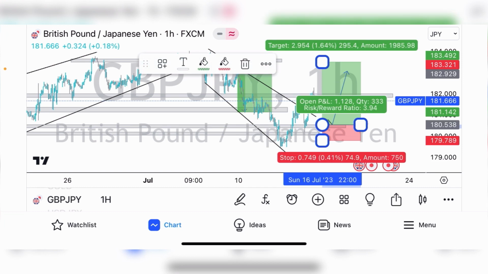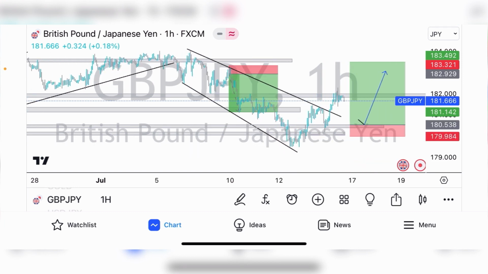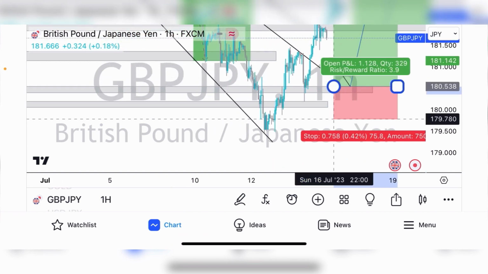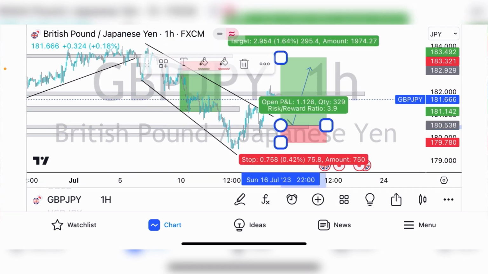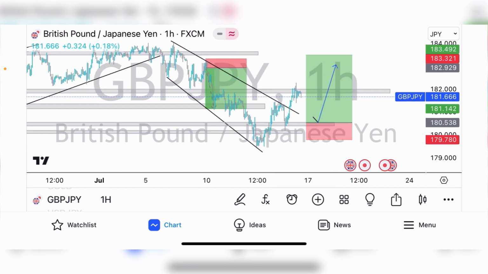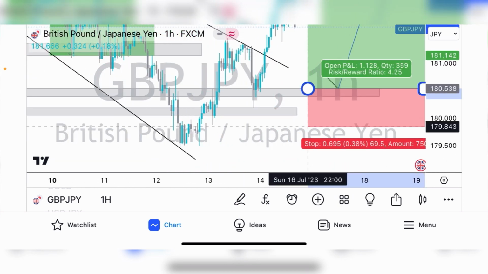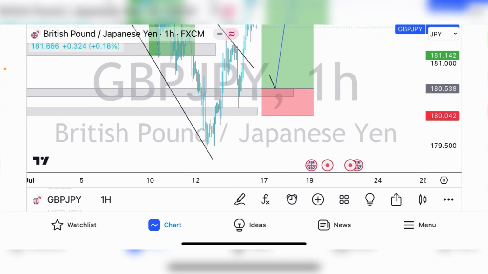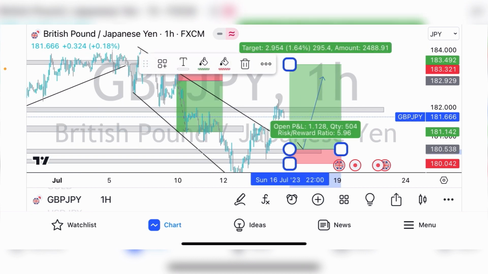You can make your stop loss tighter, but I prefer leaving mine like this for now. Then I'd recommend when you're getting the next tick in the market, you set your stop loss somewhere around here, and then you set your take profit target like that.